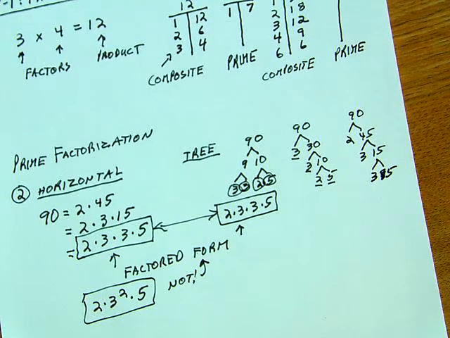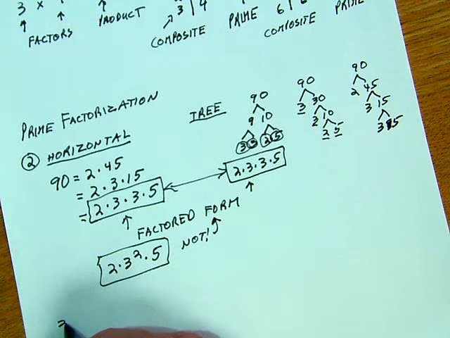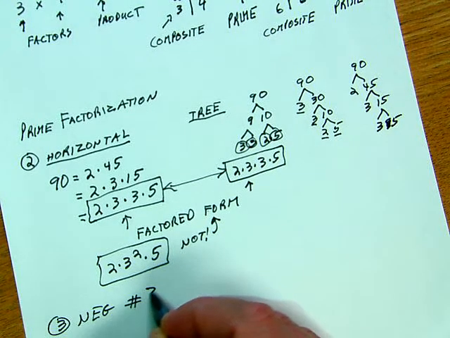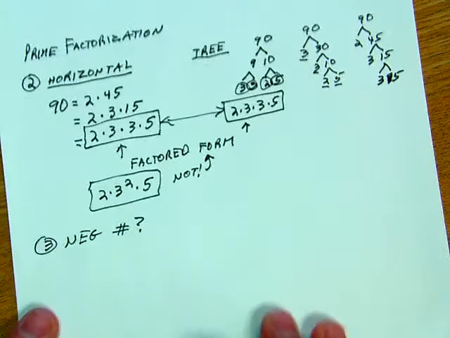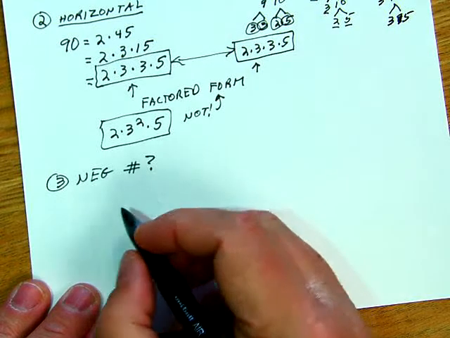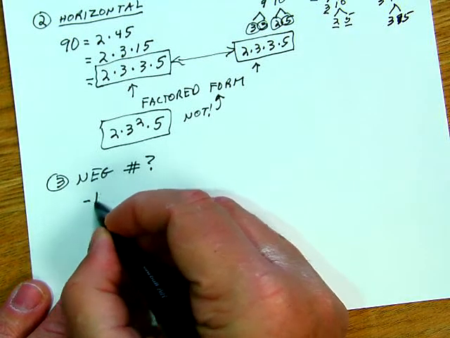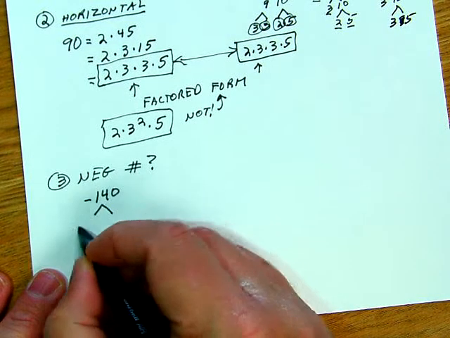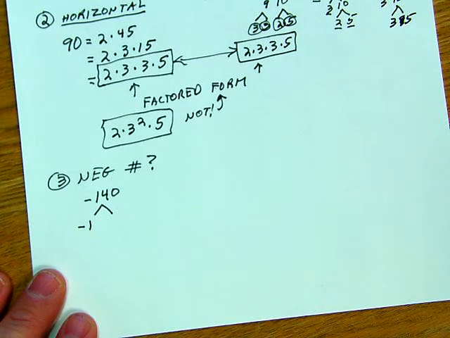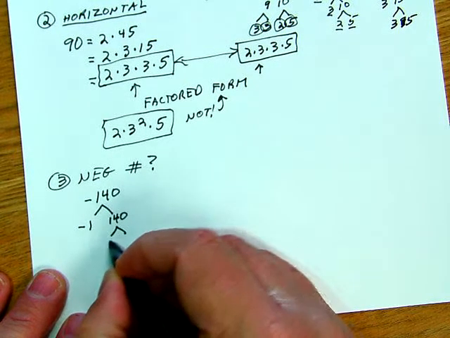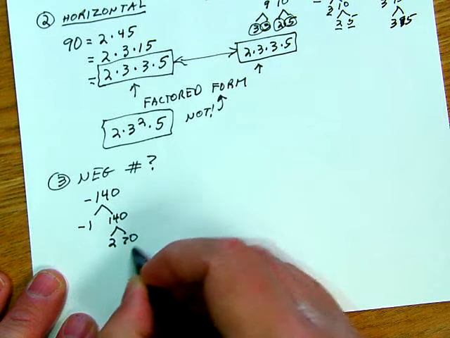Okay. What happens if I have a negative number? How do I handle a negative number? Well, it's not very difficult because there's only one rule change. Let's say I have -140. I'm going to use the tree method here. First thing you do, let's get rid of the negative by factoring out -1. And now I can just break this down however I want to do it.